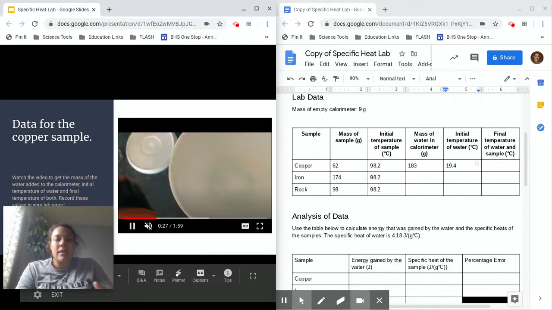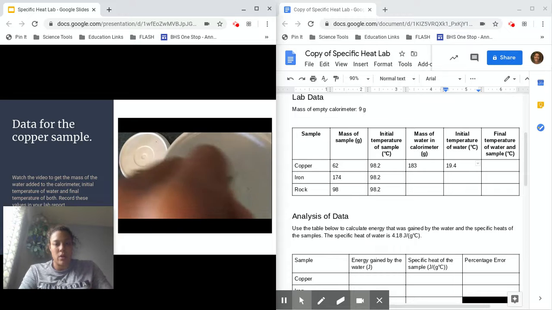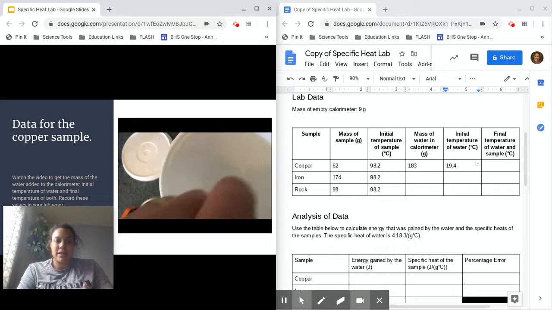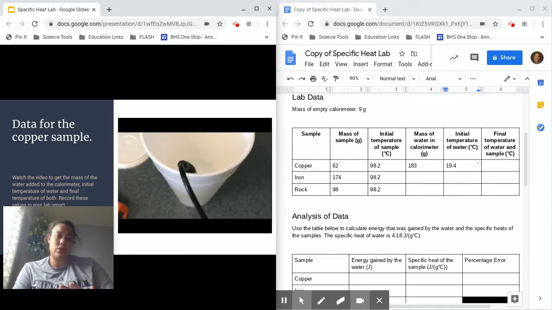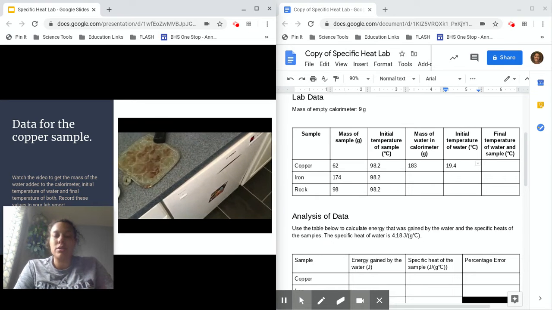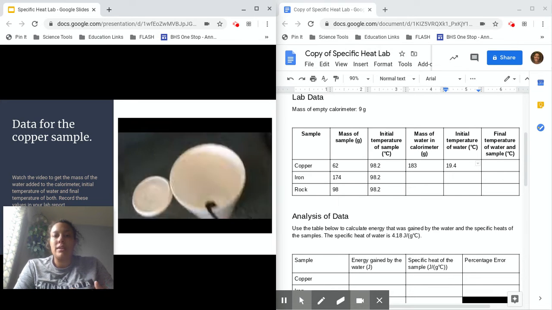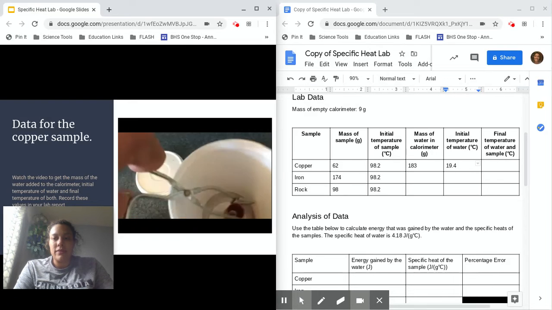And then the last part is he's going to plop in the copper sample into our water, and that hot copper is going to transfer its heat to the water because heat flows from hot temperatures to low temperatures. And we know we've got a nice scalding hot sample of copper, and it's going to transfer its heat to the water.